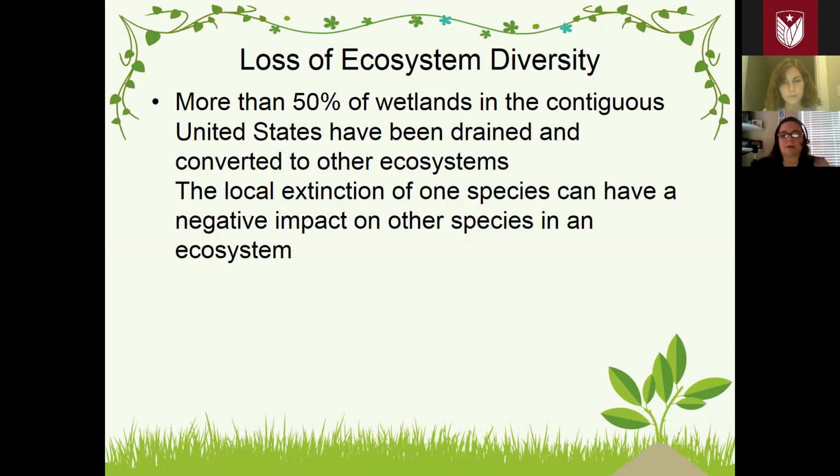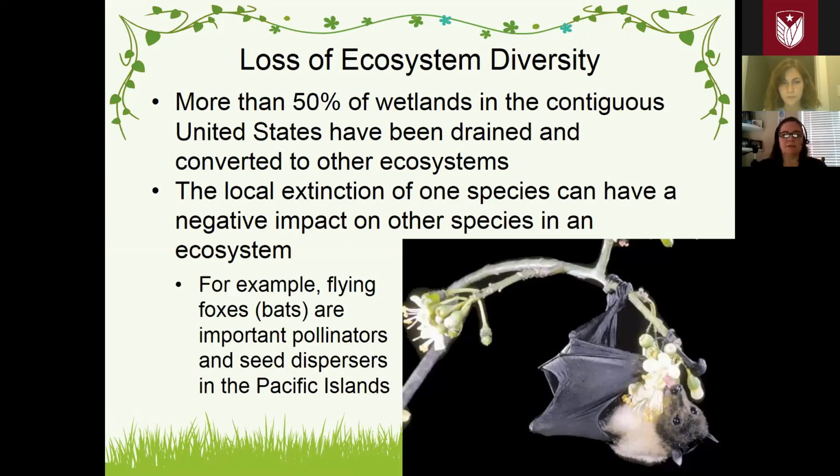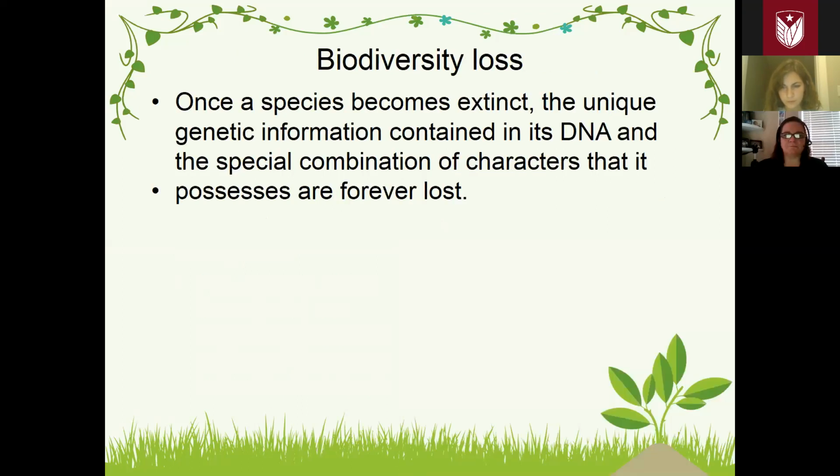I already mentioned that the extinction of one species can have an impact on others in the community. For example, this bat is an important pollinator, and if the pollinator goes extinct, then the plant has no organism that can transfer its pollen, and it could go extinct. Of course, once the species becomes extinct, unique genetic information is lost forever.